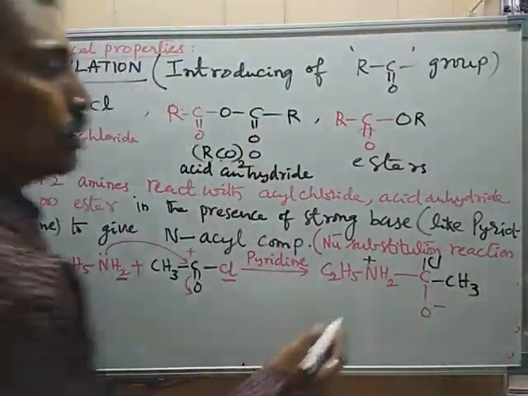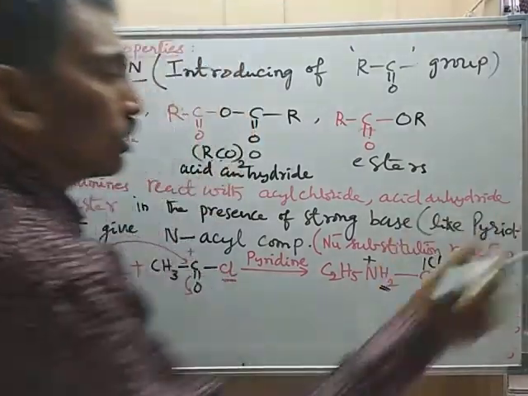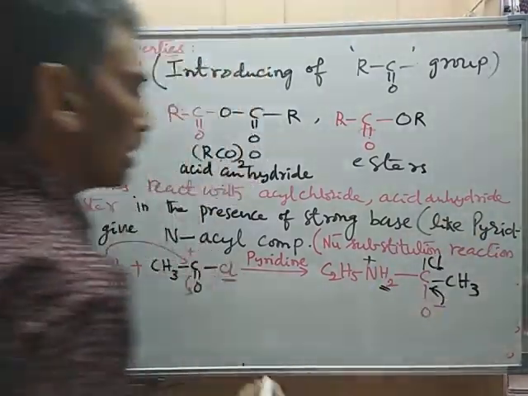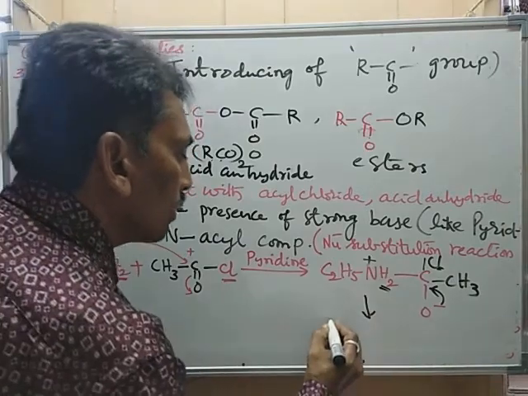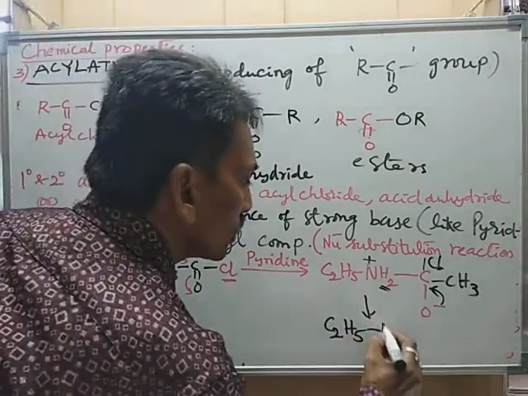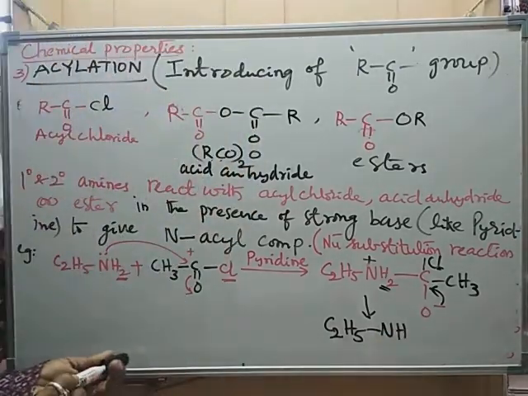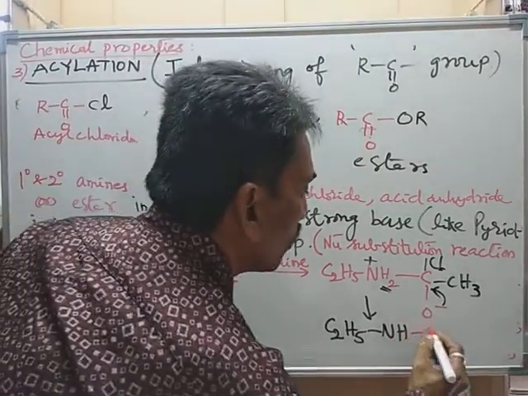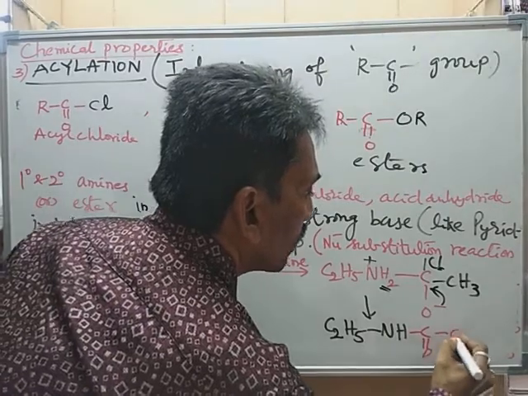Here hydrogen and chlorine are both removed, and these electrons are regenerated. You will get the important compound C2H5 NH, with CO becoming C double bond O and CH3.